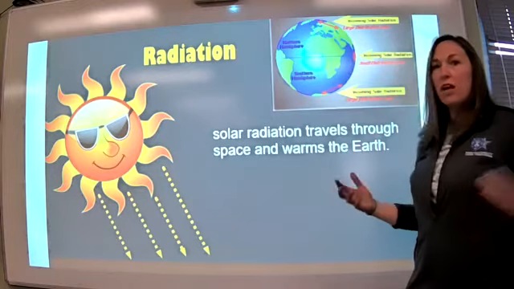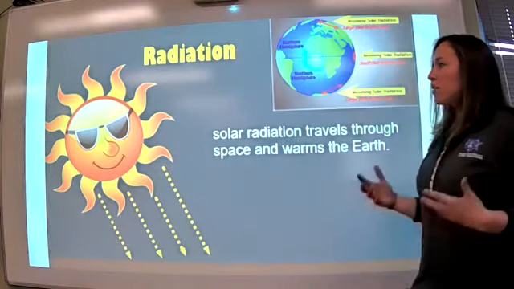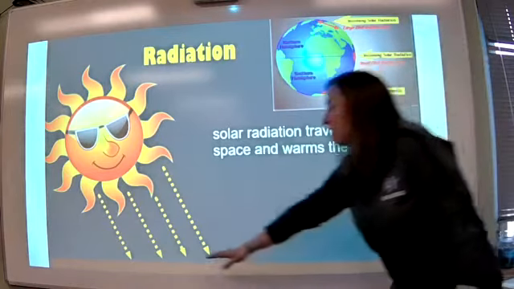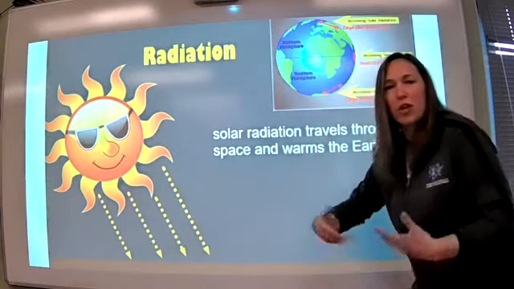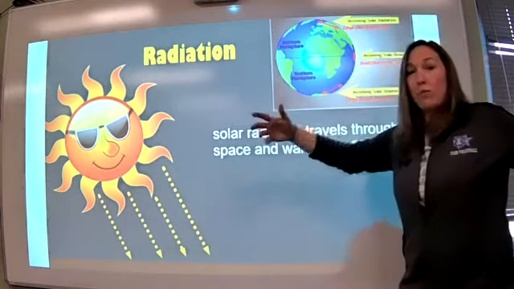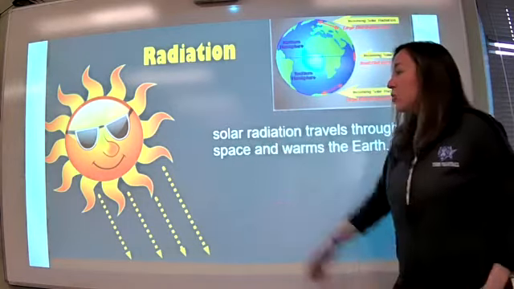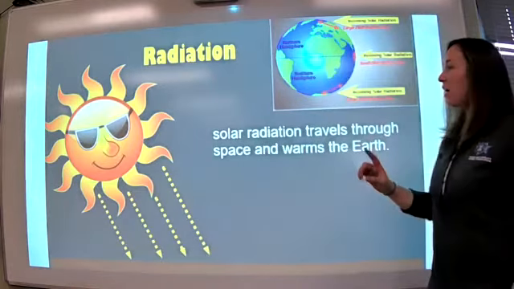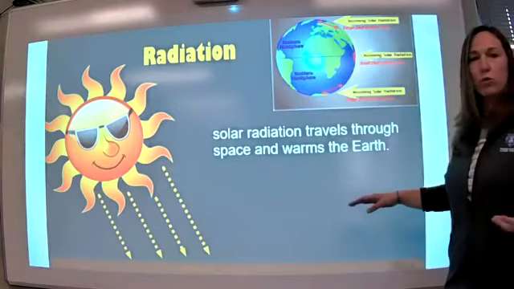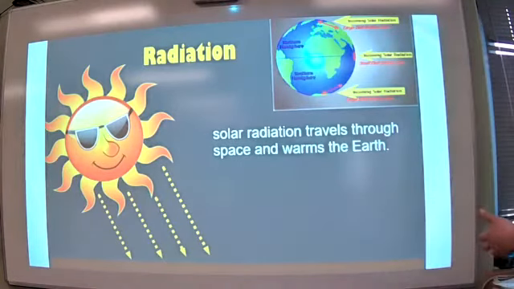But most of air is empty space. So the best way for air to get heated is for the ground to get heated first. Because the ground is darker in color, it's way more massive and has more volume, so it's going to be able to absorb that sunlight. So step one of atmospheric heating is solar radiation travels through space and warms the earth.